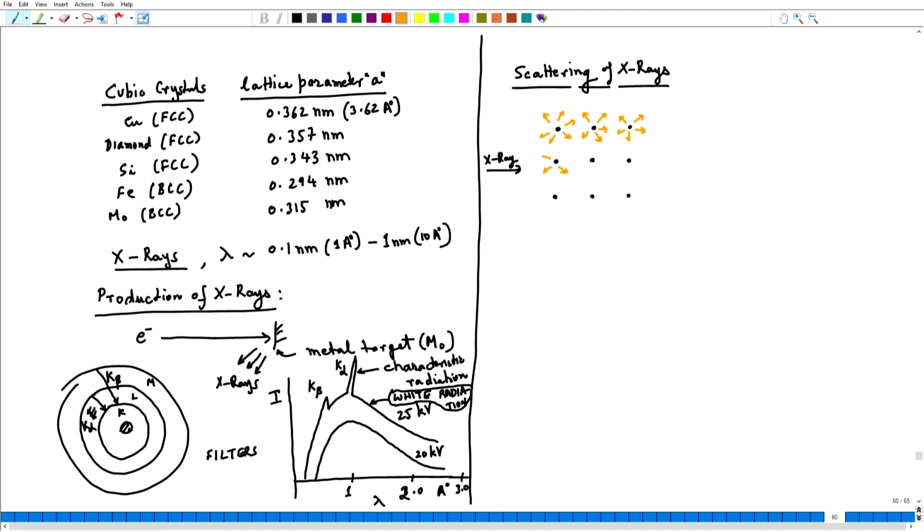The intensity may vary depending on the direction, but all atoms will scatter X-rays in the manner that I am drawing this.